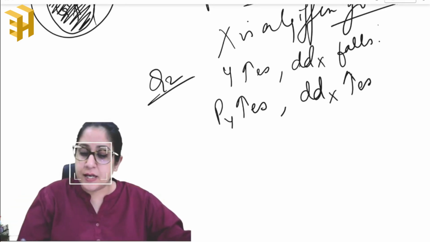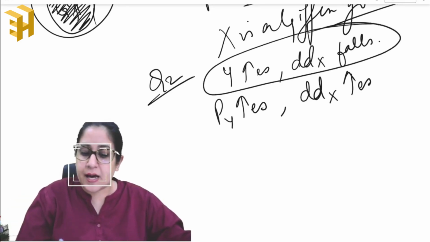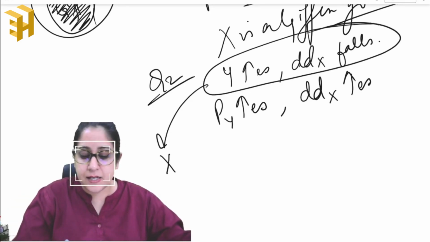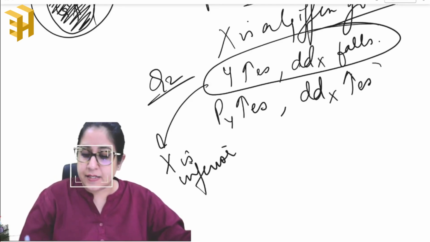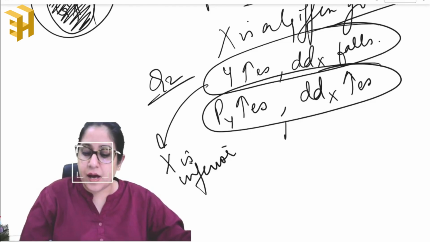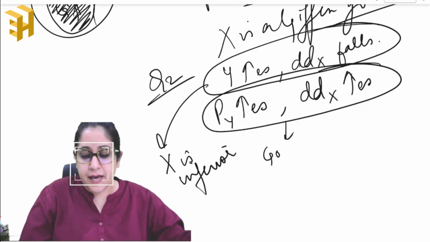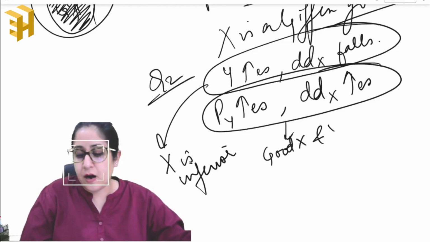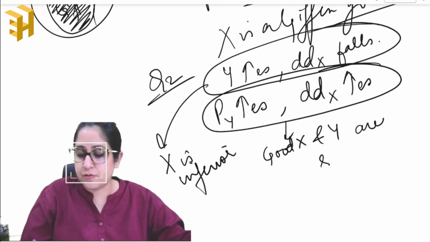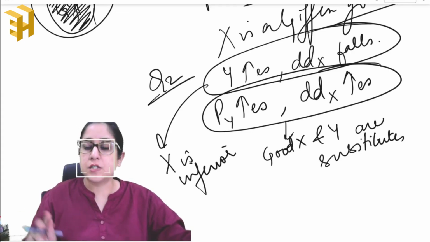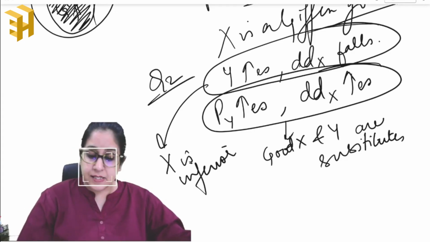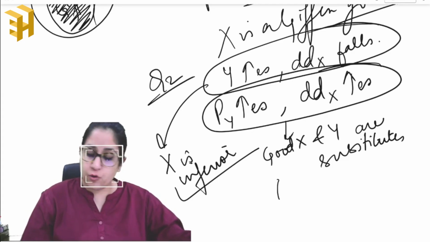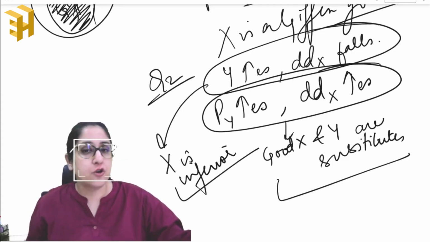So basically this first statement implies that X is an inferior good, and this second statement implies that good X and Y are substitutes, because there is a positive cross elasticity of demand. Okay, so X is inferior and the two goods are substitute goods.